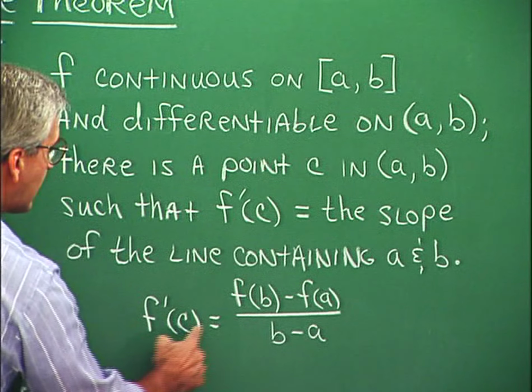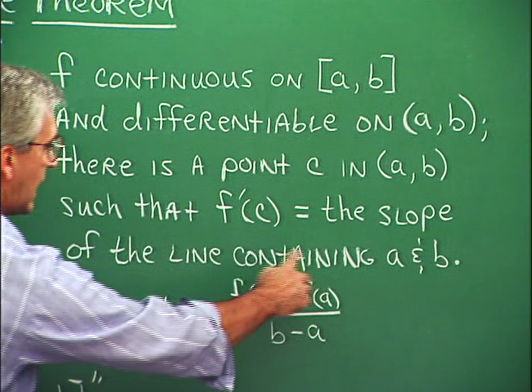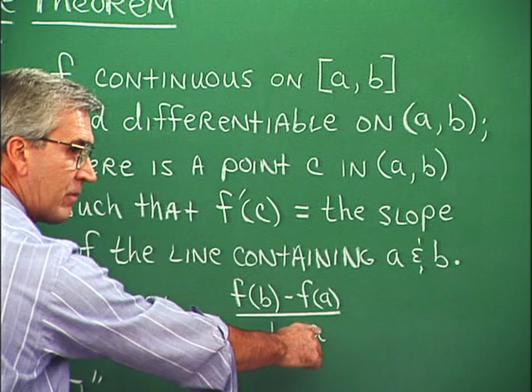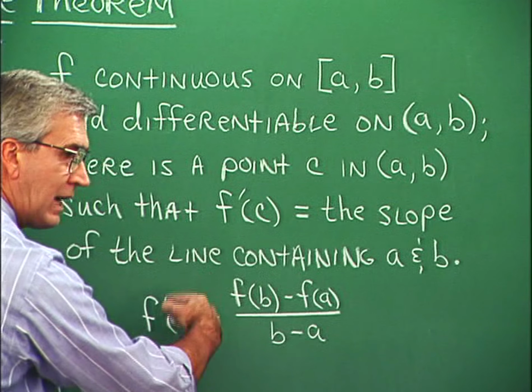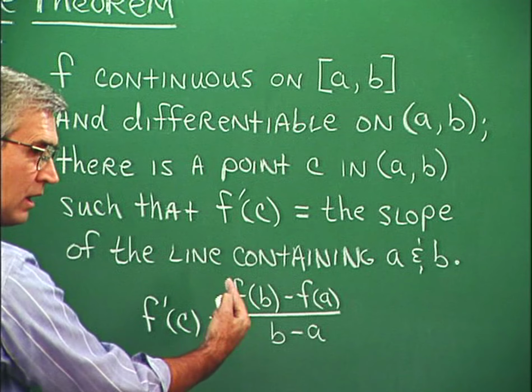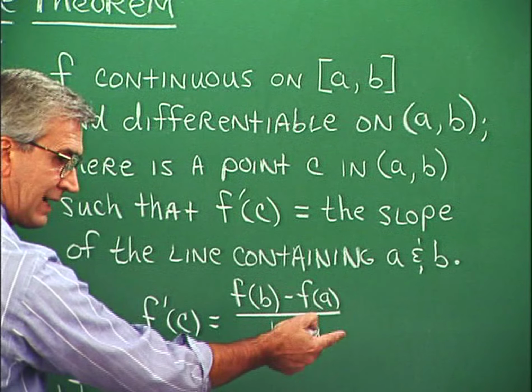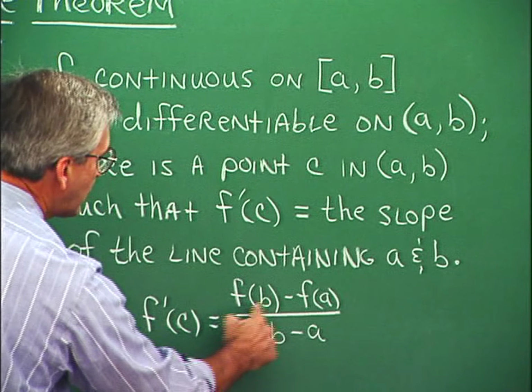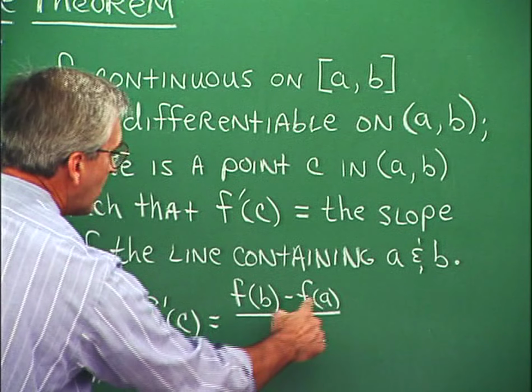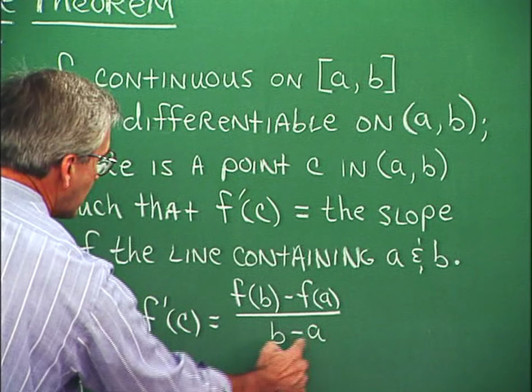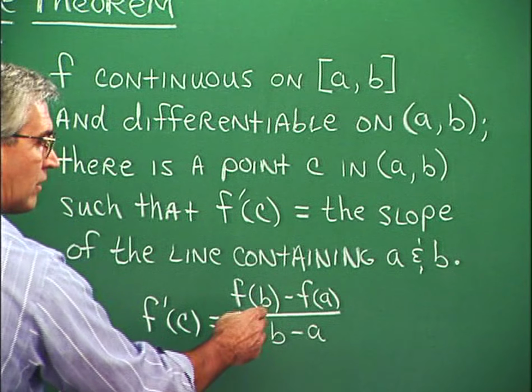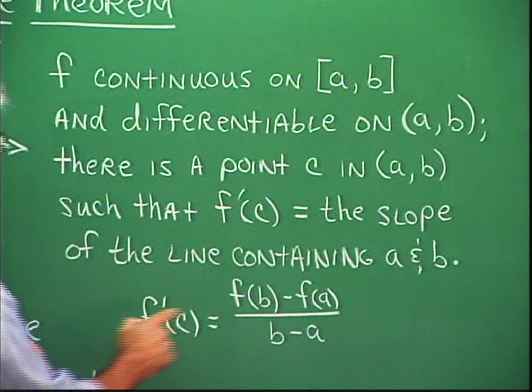F prime of C then is equal to, here's the slope of the line containing A and B. Remember the slope formula, m is equal to y2 minus y1 over x2 minus x1. Well, here's the y2 minus y1, f of b minus f of a over b minus a. So this is nothing but a revised form of our slope formula right here.